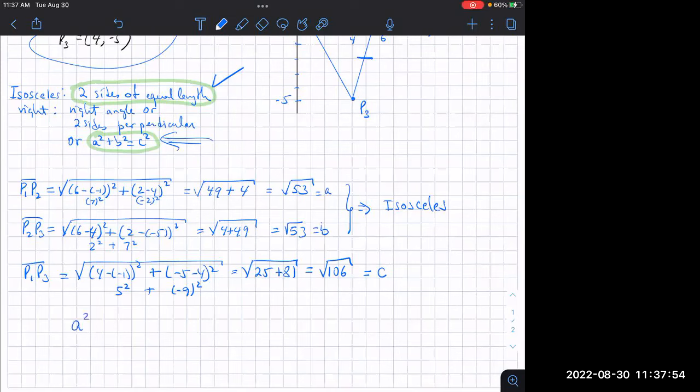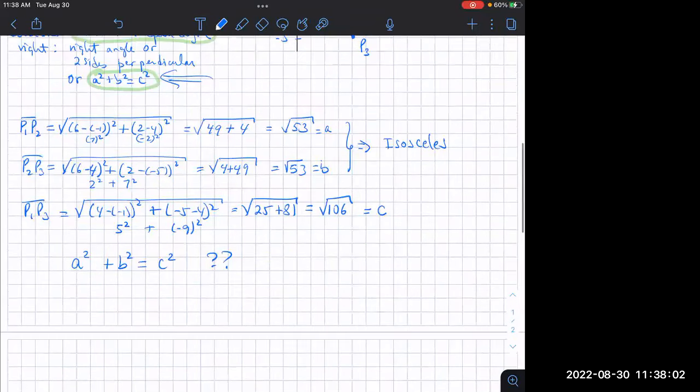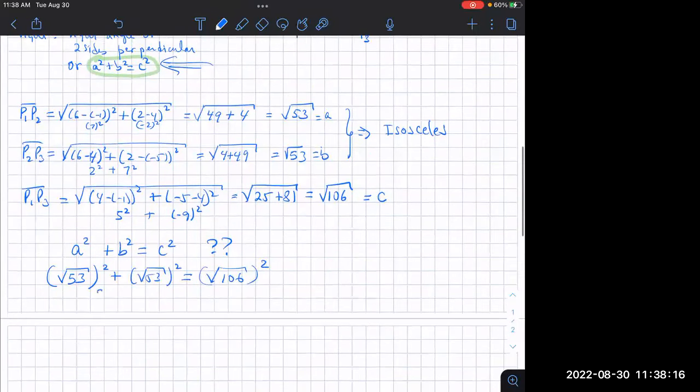So is A squared plus B squared equal to C squared? So I apply square root of 53 squared plus square root of 53 squared. Is that equal to square root of 106 squared? So square root of 53 squared is just 53.